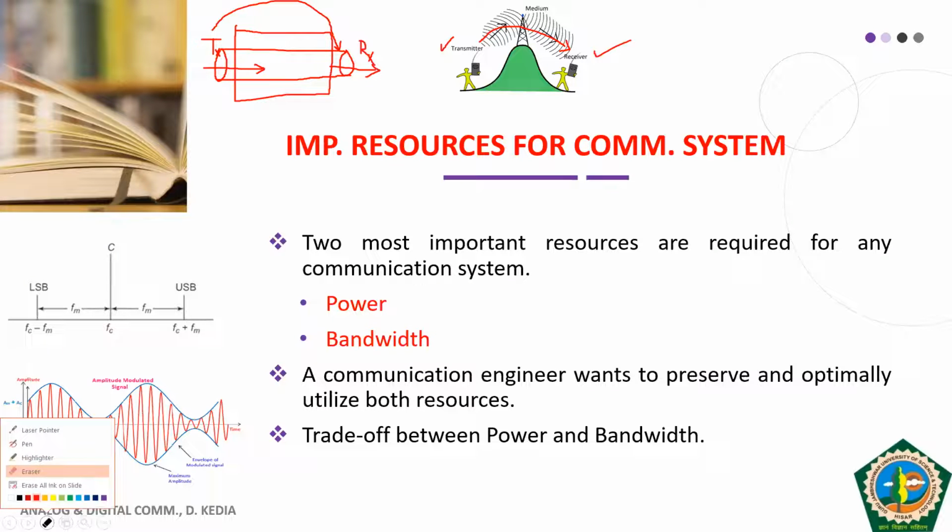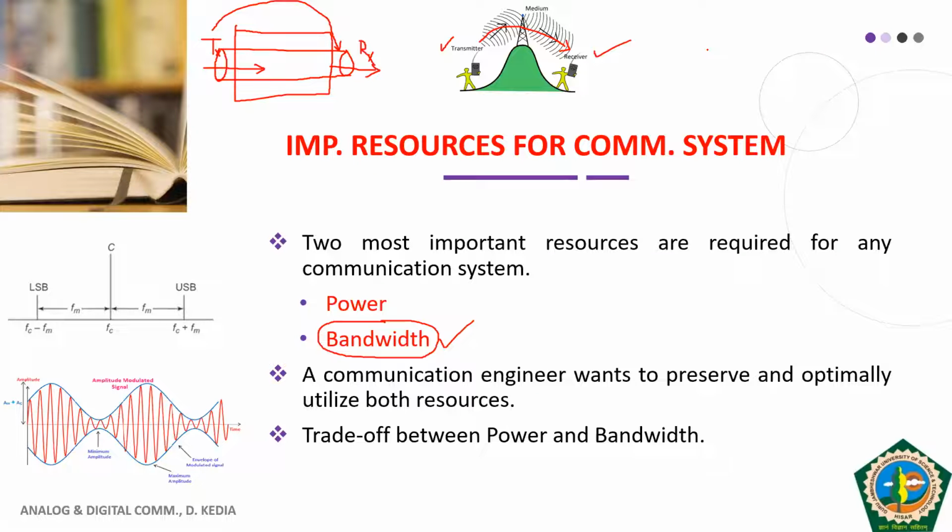Okay, and see, you must be reading in newspapers every now and then that you must have heard of the term spectrum, that before establishing any communication system, all these mobile communication companies buy spectrum. Buying spectrum means they are buying bandwidth.